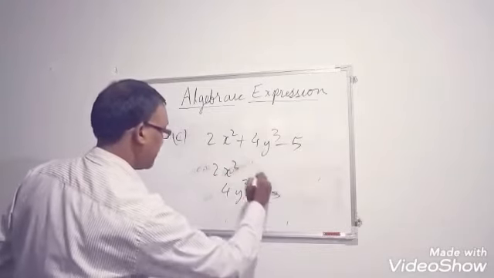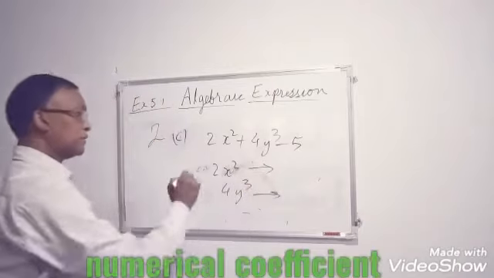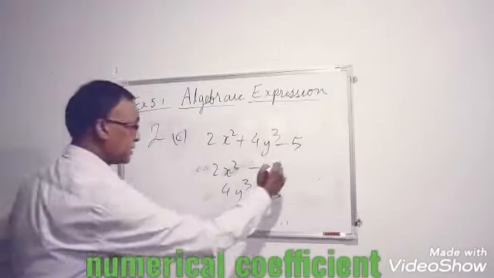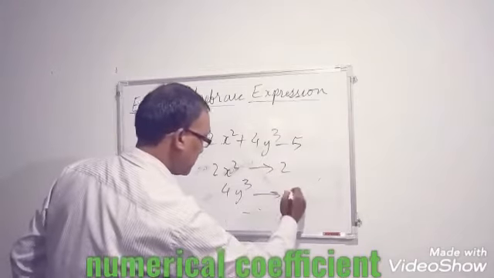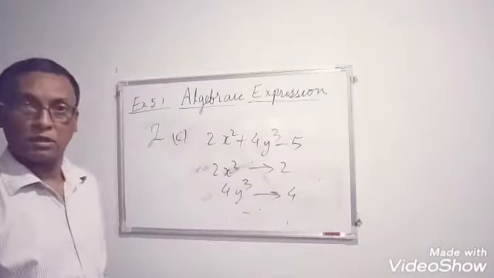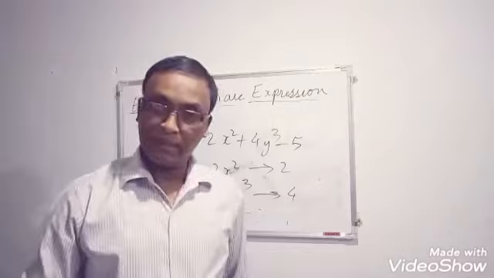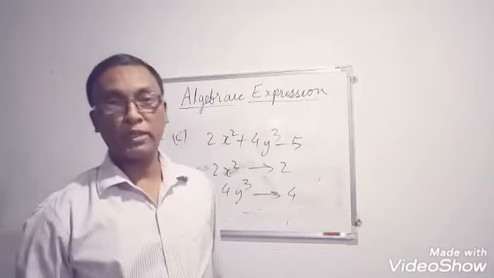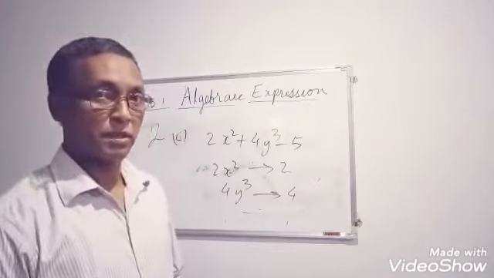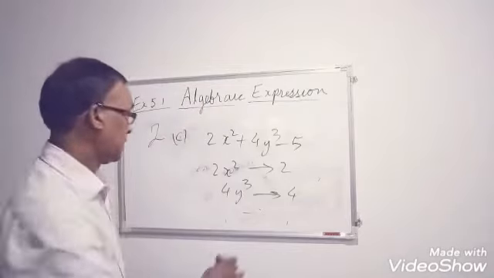So here the numeric coefficient of this term is 2, numeric part. Here the numeric coefficient is 4. Now student, it is clear, I think. Now we can proceed with question number 3.